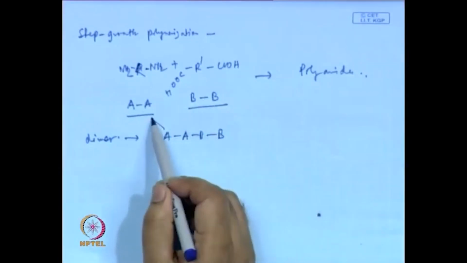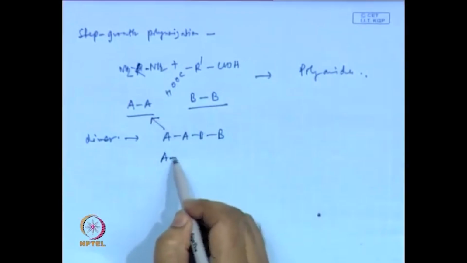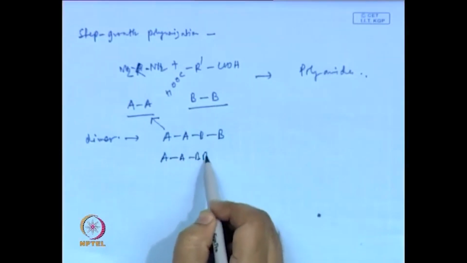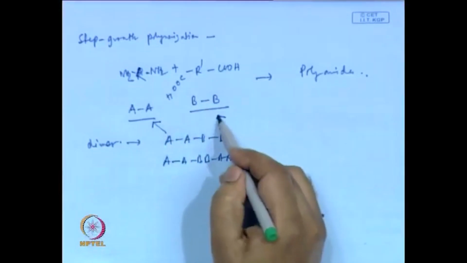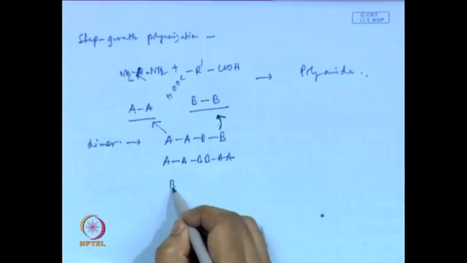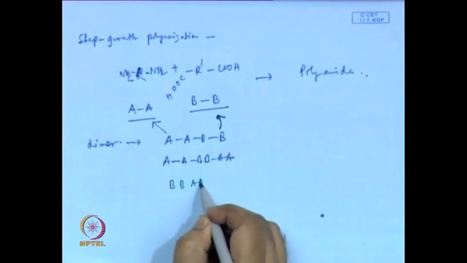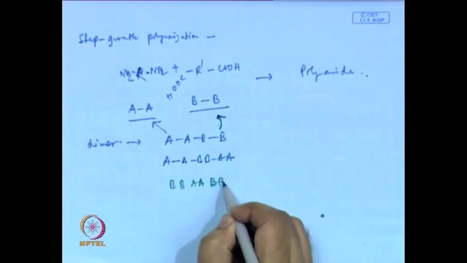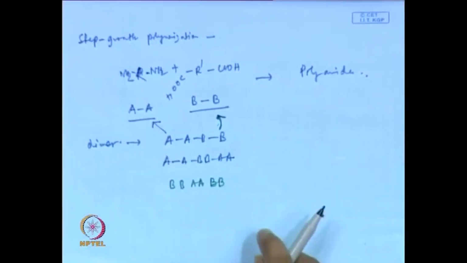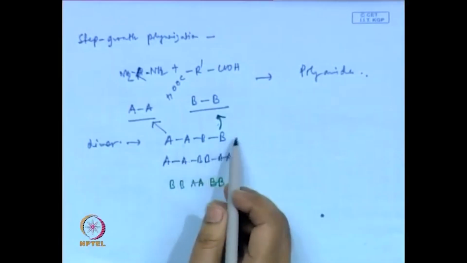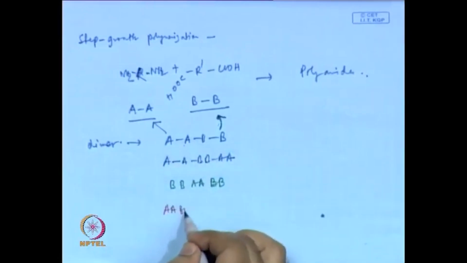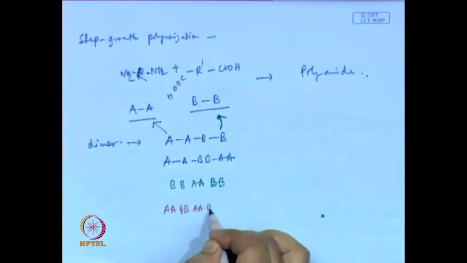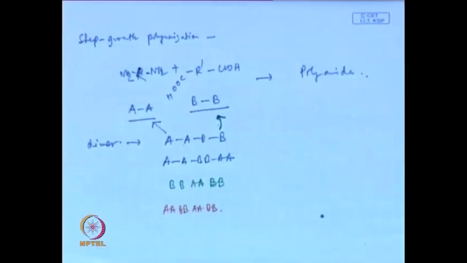If it reacts with this, you get A, B, B, again A. If it reacts with this, then you get B, B, A and B, B. Now, if it reacts with itself, then you get A, B, B, A, B, B. So, you form these trimers.